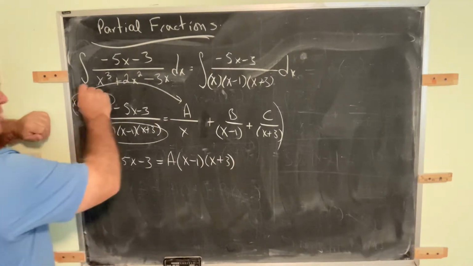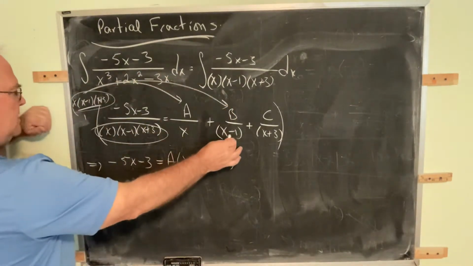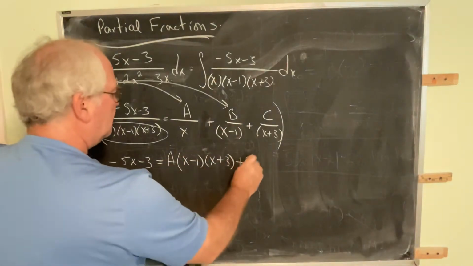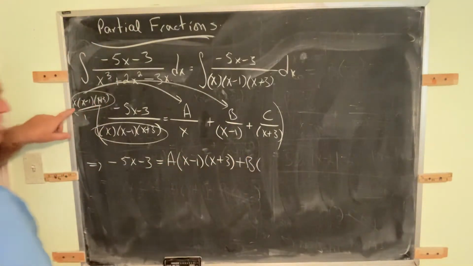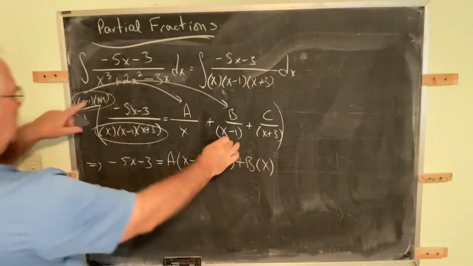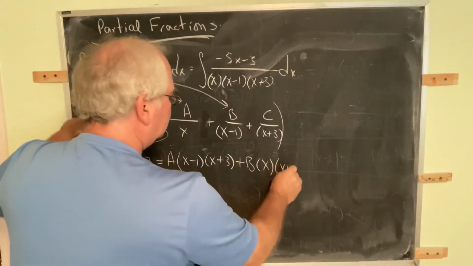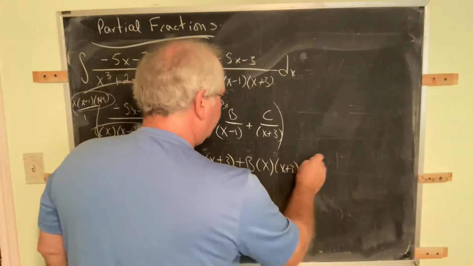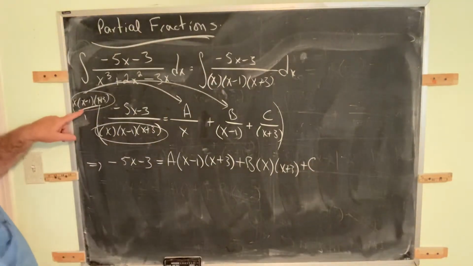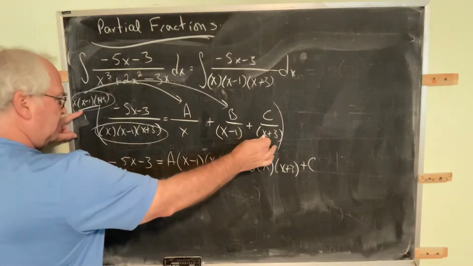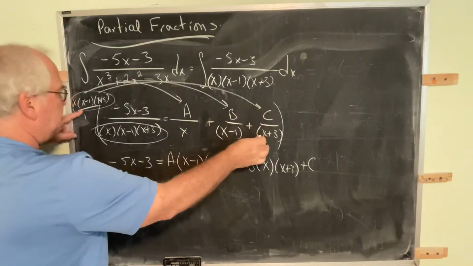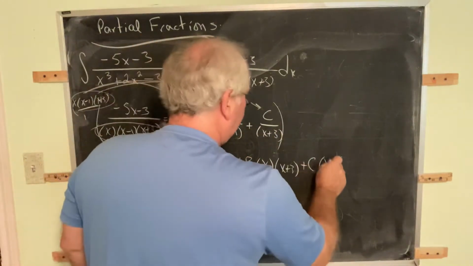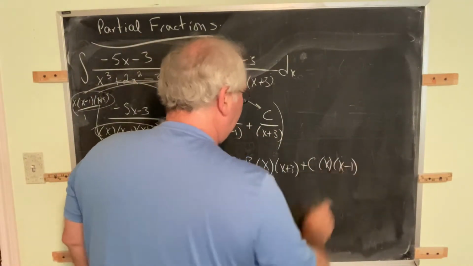When you multiply this times the middle term on the right-hand side, the x minus 1's cancel, and you're left with the x, and you're left with the x plus 3. And then same song, next stanza. When you multiply this denominator times this last fraction, the x plus 3's cancel, and you're left with the x and the x minus 1.